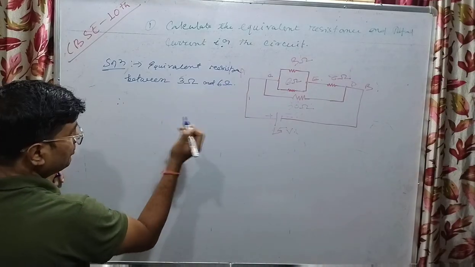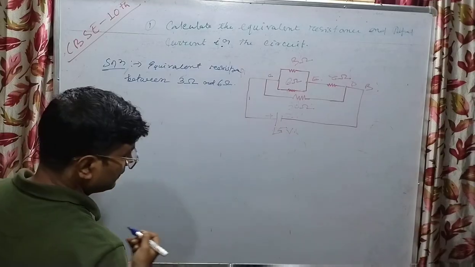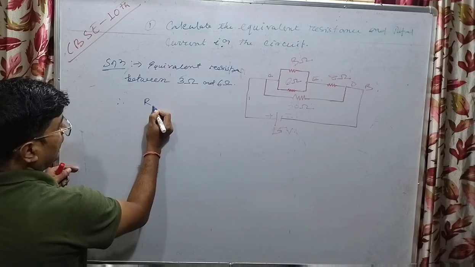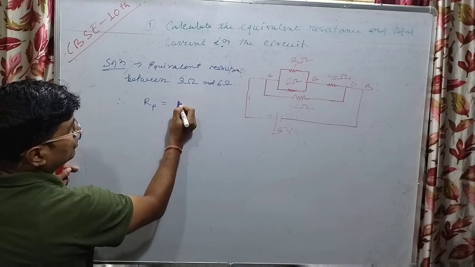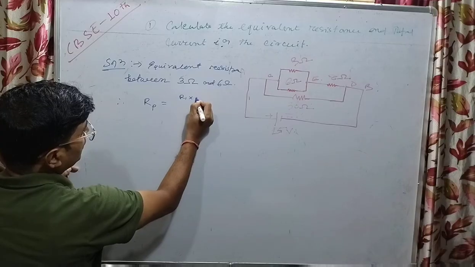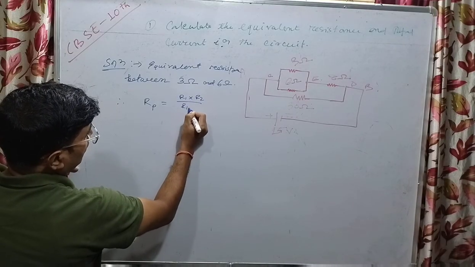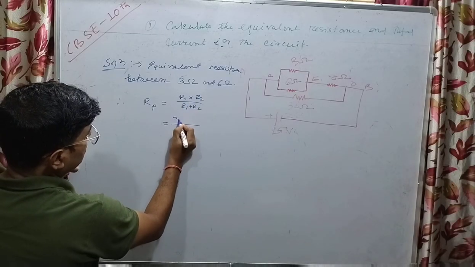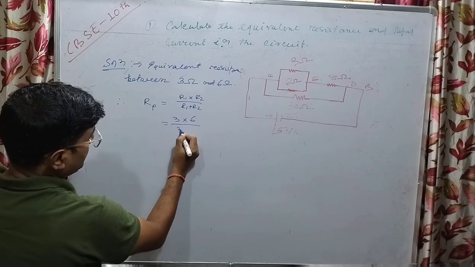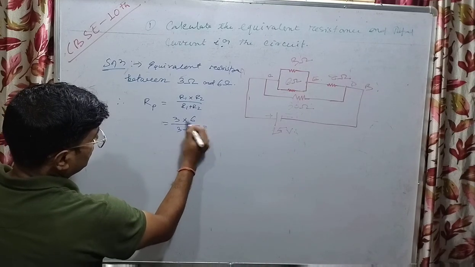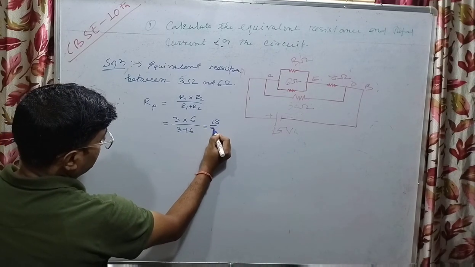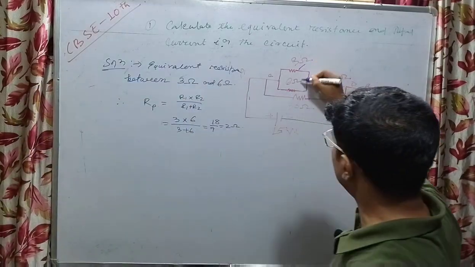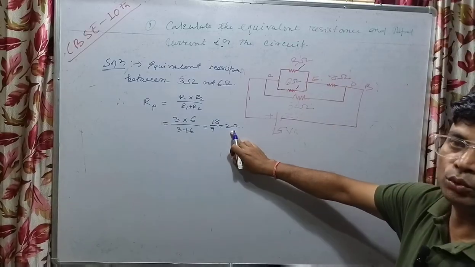When two resistors are connected in parallel combination, the equivalent resistance can be calculated by Rp is equal to R1 into R2 by R1 plus R2. Suppose R1 is 3 ohm and R2 is 6 ohm, so 3 into 6 by 3 plus 6 is equal to 18 by 9 is equal to 2 ohm. The equivalent resistance between these two resistors is 2 ohm.